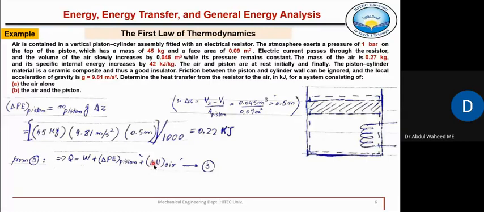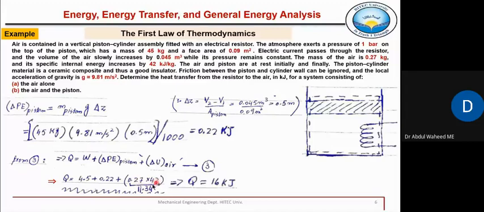Actually, it is given: delta U, 42 kilojoules per kilogram into 0.27, right? Because that is capital U, it will be equal to M into small u. So here the values are put: W, delta PE, and delta U, which is equal to M into small delta u. So the same answer, Q is equal to 16 kilojoules.